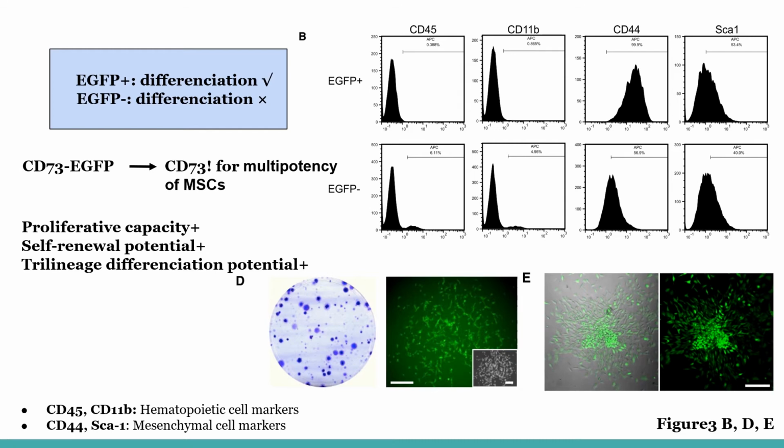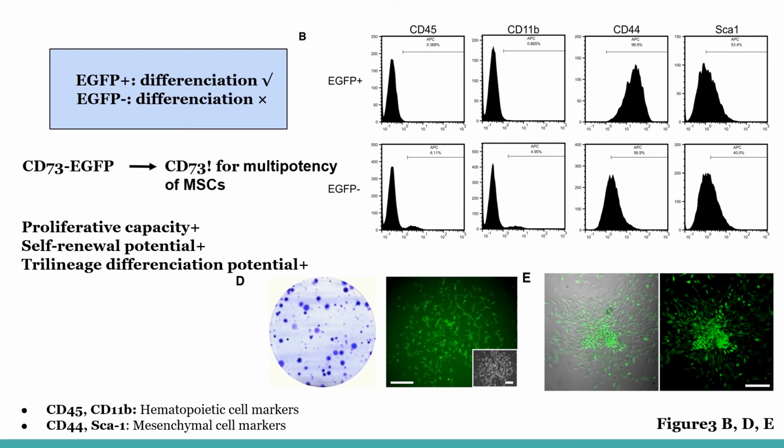And then they took the CD45 negative and EGFP positive cells, sorted them by flow cytometry, and cultured them in CFU-F again to see the proliferation of these colonies.